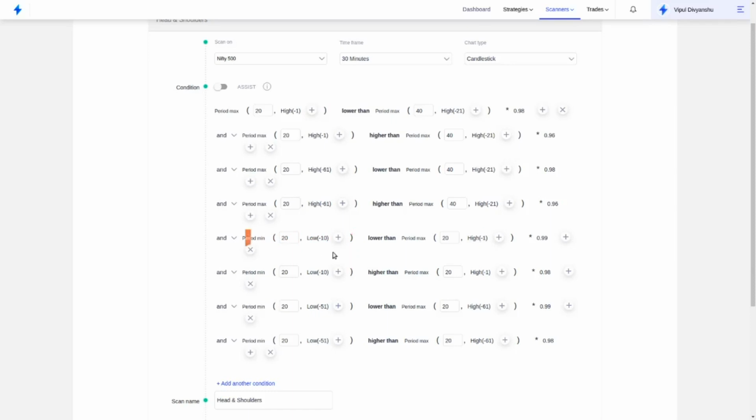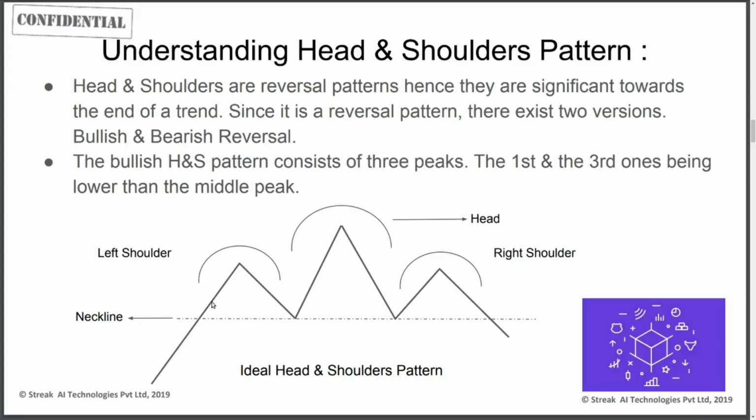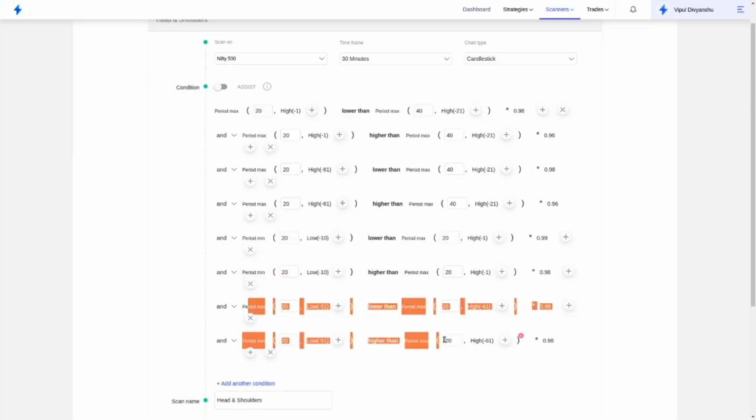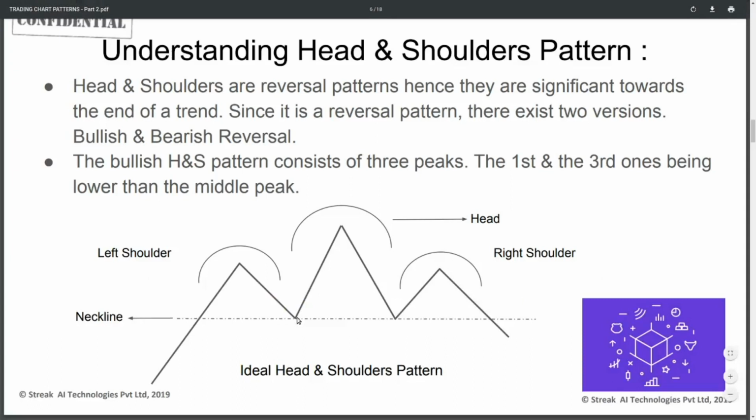So now we have defined a range also for it. So this indicates that the dip before the right shoulder is within a certain range, and this indicates the dip between the head and the left shoulder is within a certain range.